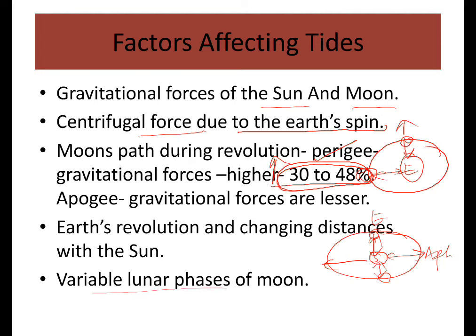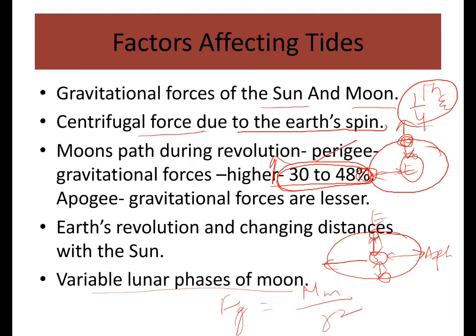Various lunar phases of the moon, we can see later. Gravitational force is related to the mass of the object and the distance between these two objects. The mass of the moon is just one fourth of the earth's mass.